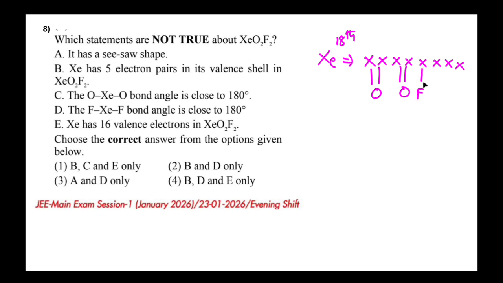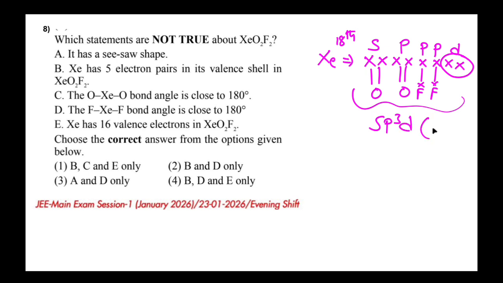This belongs to one orbital, that is S. This is P, P, P, and this is D. These 2 electrons are present in one orbital. So the total hybridization is sp3d with 1 lone pair.